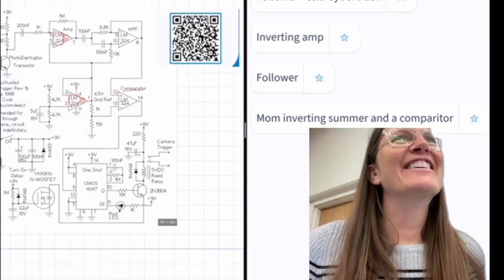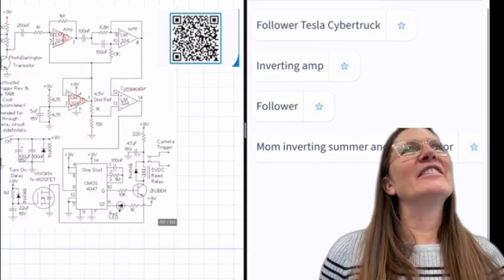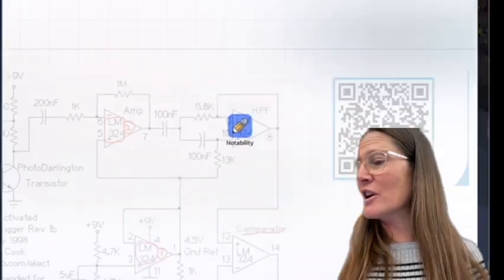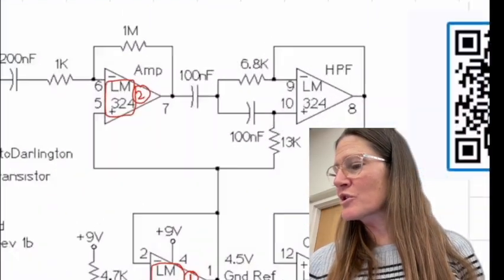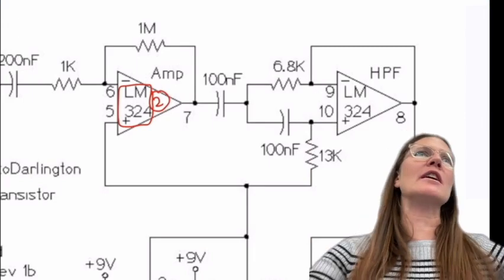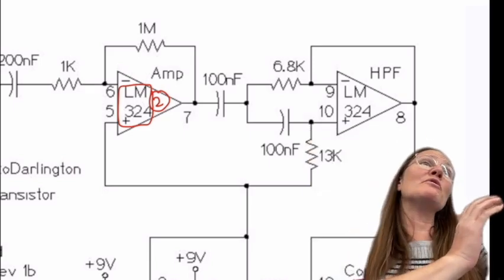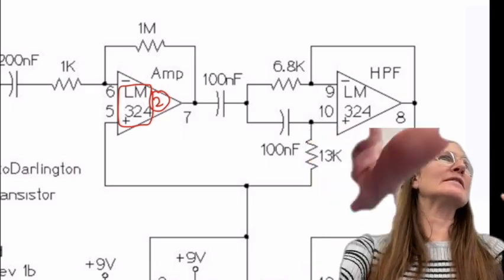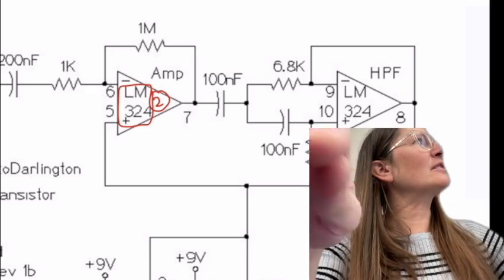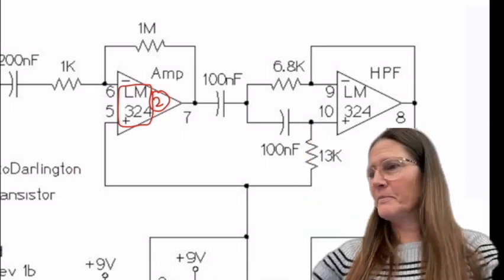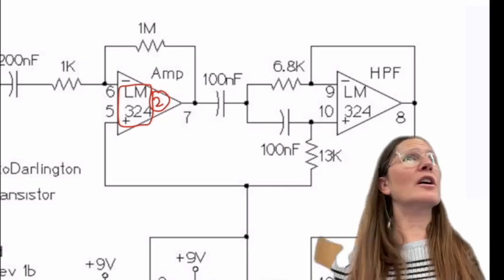So the capacitor, you don't look at it as a voltage source. What it's going to do is create a passage or removal of different frequencies. So that actually ends up being a filter.